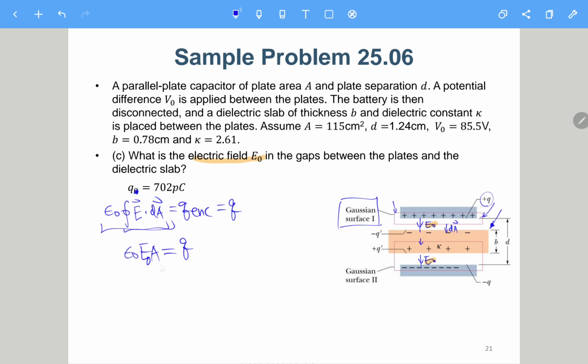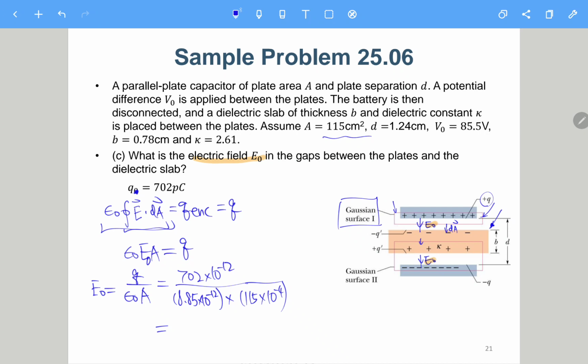In this case, we can calculate E0, which is Q over epsilon naught times A. Q is 702 times 10 to minus 12, over 8.85 times 10 to the negative 12, times A, which is 115 times 10 to the negative 4th.